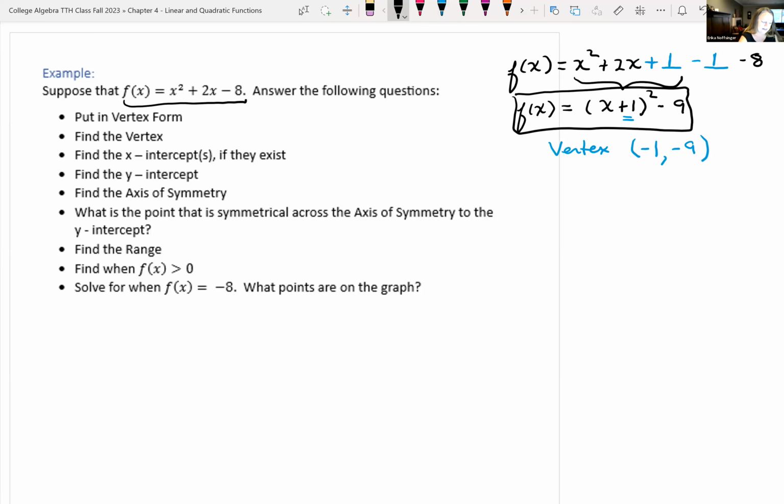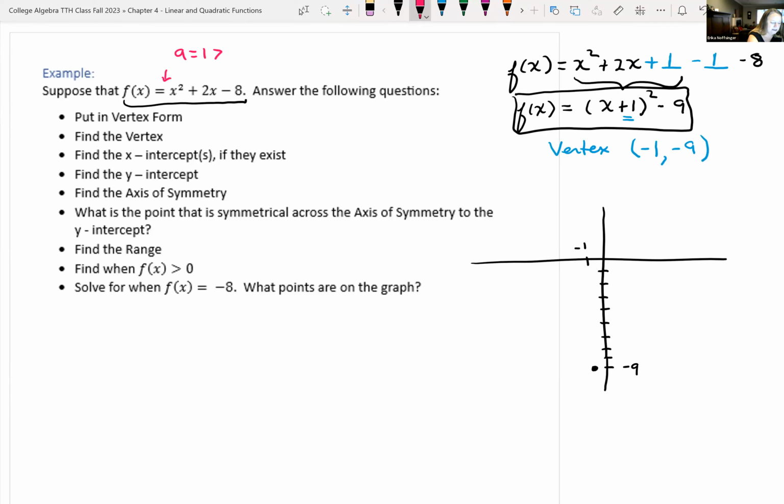So looking at this and graphing what we have, I have a point at negative 1, negative 9. So when x is negative 1, my y value is negative 9. And my coefficient, my a value, well, there's nothing written there, so a is 1.